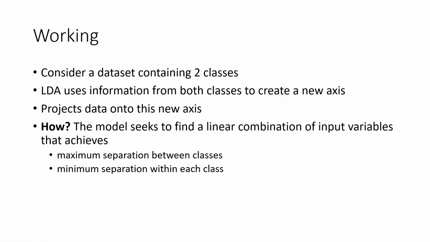When we form clusters out of the data points, we say that the clusters should be formed in such a way that there is maximum separation between the different clusters and minimum separation within each cluster, so that each cluster is quite similar within itself, but very different from the other clusters. That is how you achieve a very clean classification out of the data that we have.